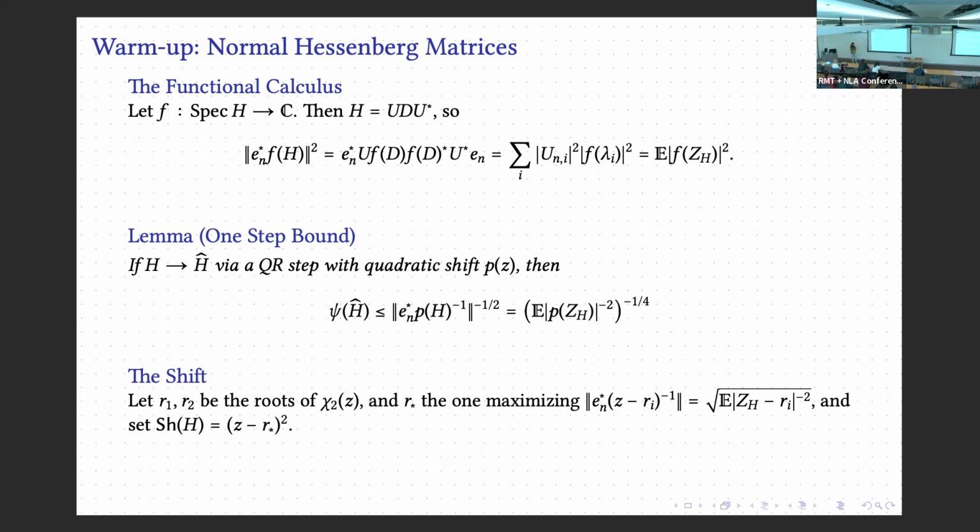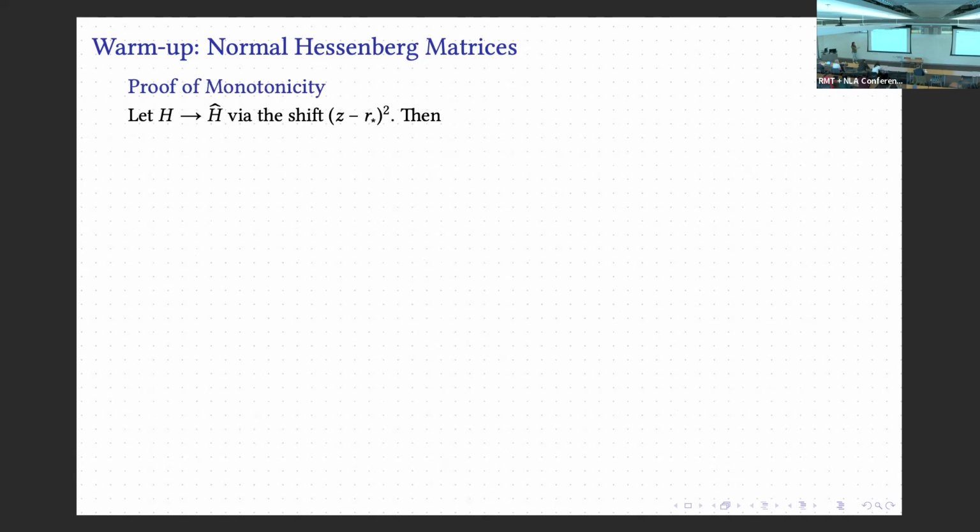And it turns out that this shift monotonically decreases the potential. So let's see why that is. So again, let's say that we go from h to h hat using a QR step with this shift.